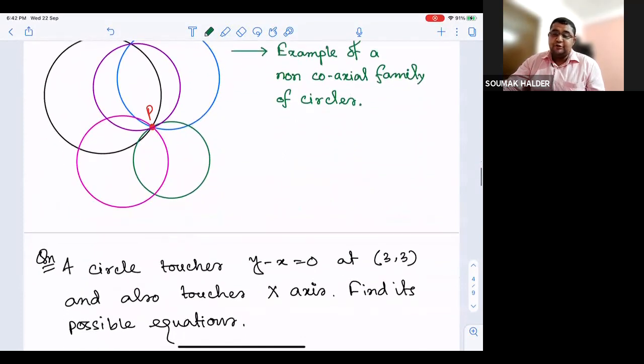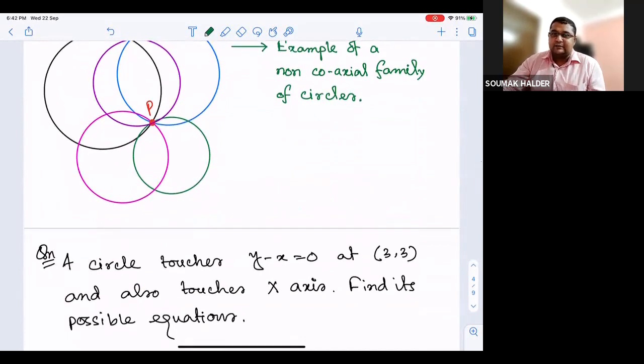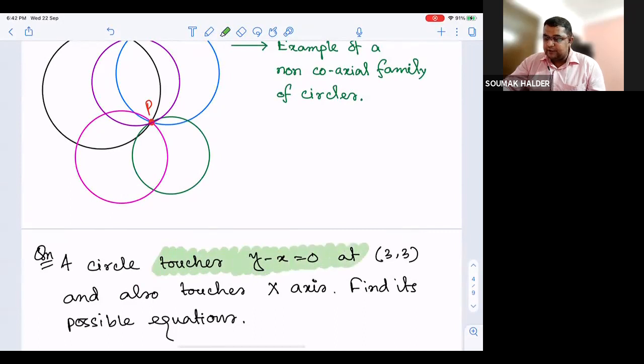The first question is given as: a circle touches y is equals to x, or y minus x is equals to 0, at (3,3) and also touches the x-axis. Find its possible equation. If you look into this description, you can identify "touches y is equals to x at (3,3)".